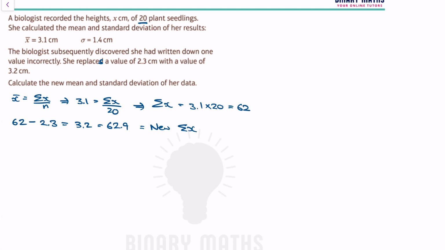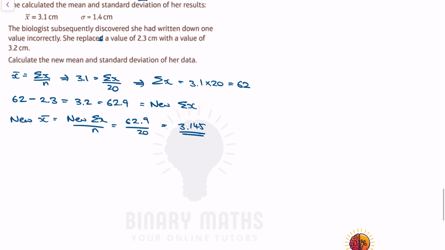Okay, that means the new x bar will be equal to the new sum of x over n, which is 62.9 over 20, which gives a value of 3.145. So that's the new x bar. Now sigma is equal to square root of sum of x squared over n minus x bar squared.